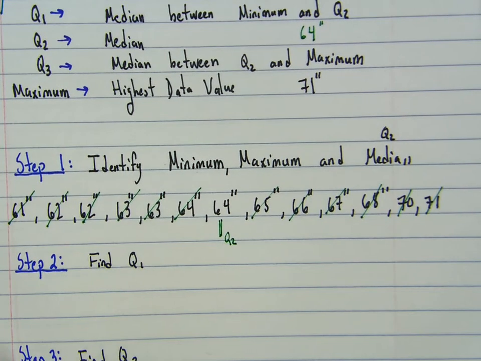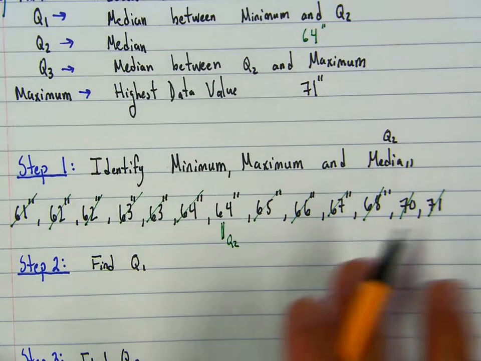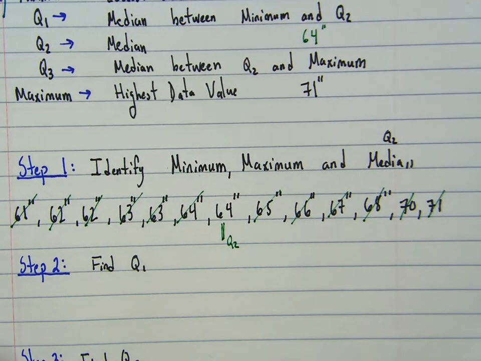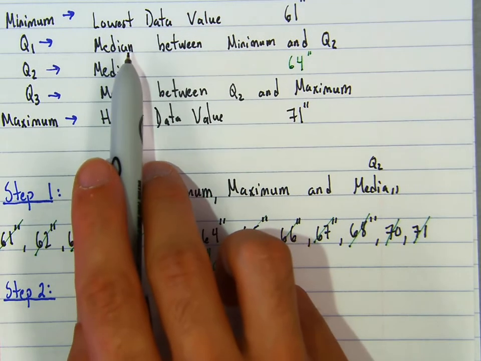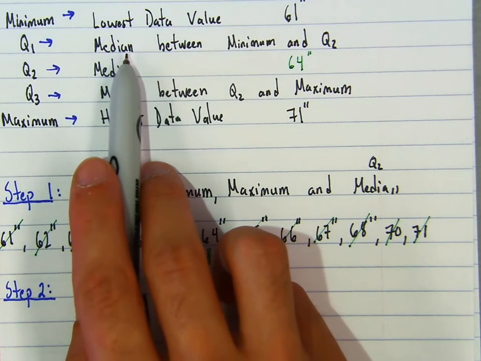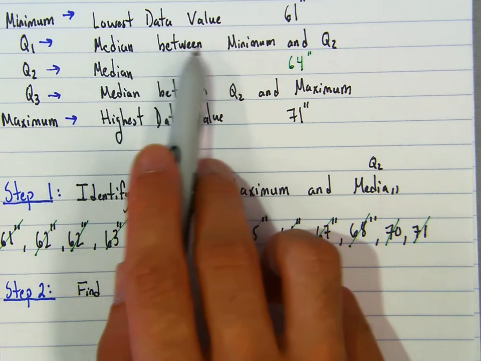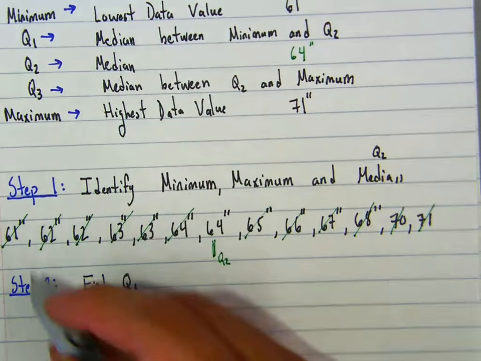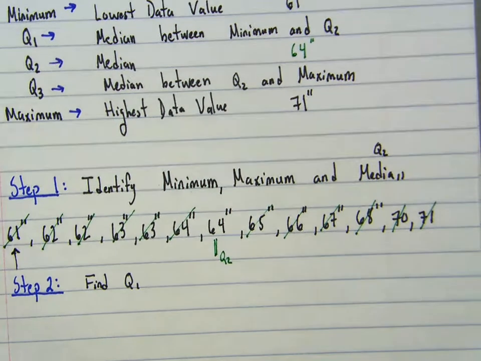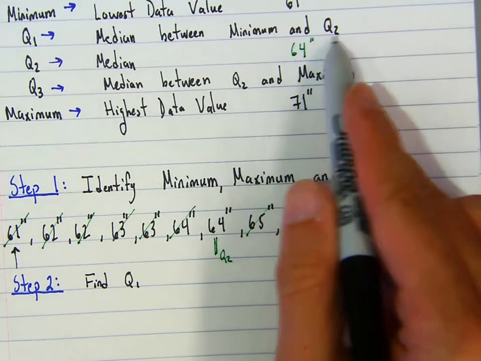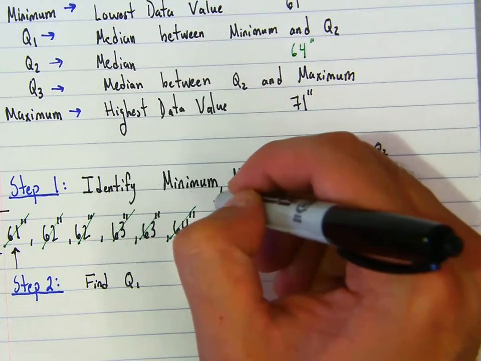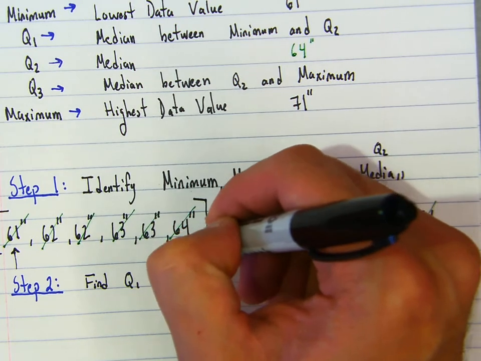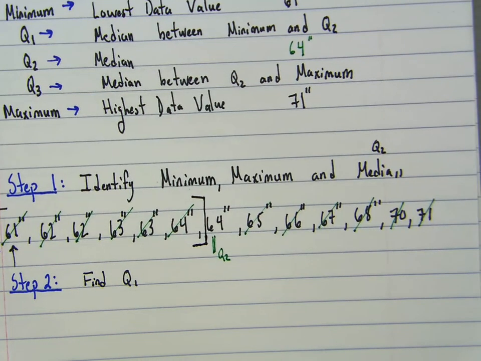So far so good, yeah? How do you find Q1? Well, let's see. What does it mean to find Q1? It's saying find the median between the minimum value, and where is the minimum? It's this one, and Q2. So what you need to do is find the median between these set of numbers.